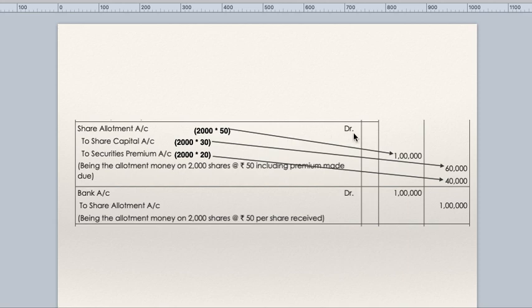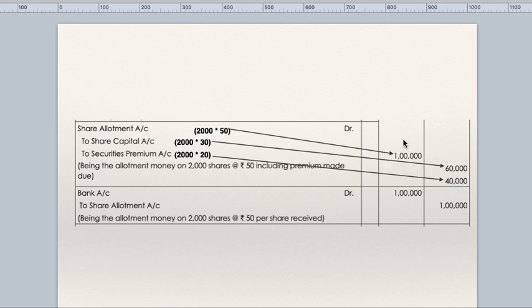Share allotment account debit 2,000 into 50, to equity share capital 2,000 into 30, to securities premium account 2,000 into 20. Figures are jumbled up. 2,000 into 50 is 1 lakh, 2,000 into 30 is 60,000 will go to share capital, and the securities premium amount is 40,000, 2,000 into 20.